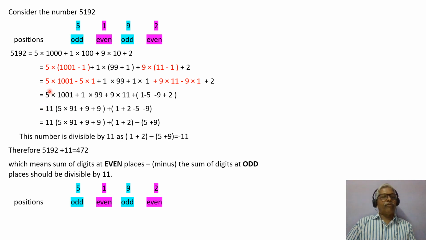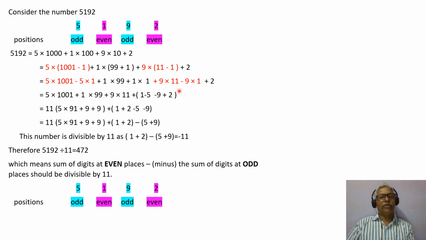Now I'm collecting all these terms together. 5 into 1001, okay, plus I am not collecting this, I am taking this term first. 1 into 99 plus, I'm not taking this, I am taking this term, 9 into 11. Okay, now I am taking the other terms, this minus 5, this minus 9, and this plus 2.